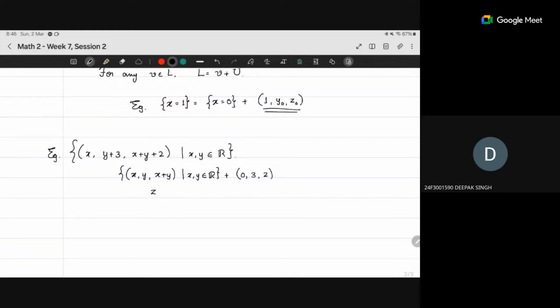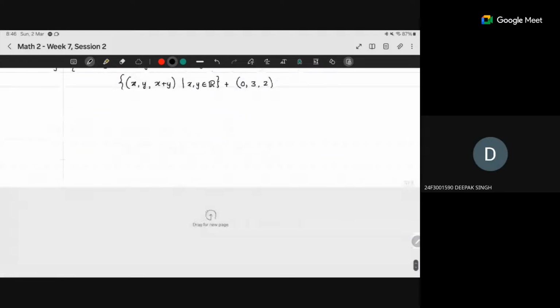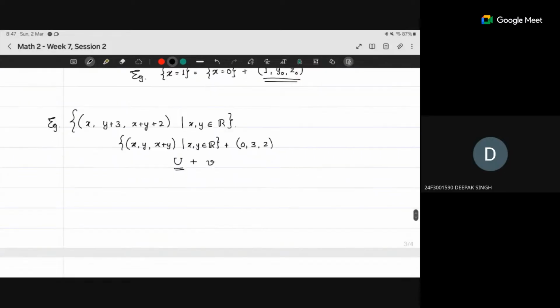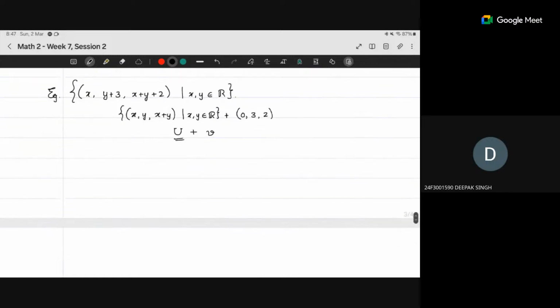This is just z is equal to x plus y. The plane given by z is equal to x plus y. Or you can verify using the axioms of a vector subspace that this is actually a vector subspace. And this is the U. And this is one possible v. You can have other v's as well. But more often than not, what you're worried about is what is the underlying vector subspace corresponding to the given affine subspace. And in this case, it is x, y, x plus y, or z is equal to x plus y, whichever way you want to represent.